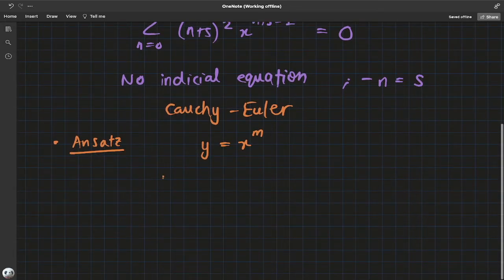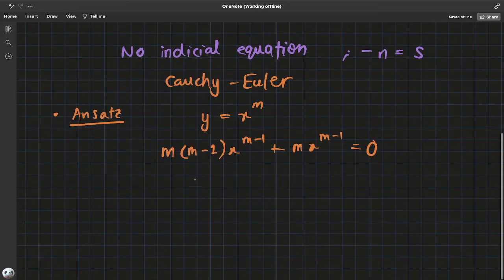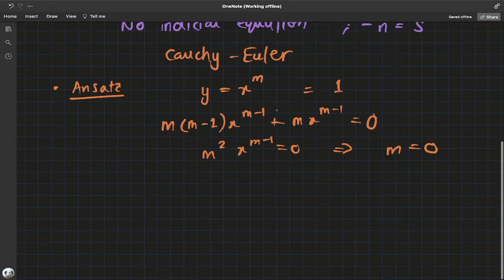If we do that, we have m times m minus 1 x to the m minus 1 plus m times x to the m minus 1. Nothing different from what we had before, which means m squared x to the m minus 1 should be 0, which means that if you want this to be true for all x, m has to be 0. And again, this translates to y being 1, since x to the 0 is 1.